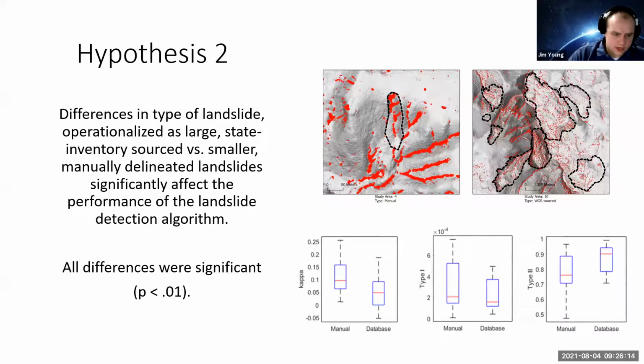In the top images, study area 4 is a manual landslide identification, and it's a little more complete, still not good, but a little more complete classification of the landslide. Whereas study area 10, from a WGS source, has multiple different landslides, but a lot of empty space or unflagged pixels within the interior bodies of the landslides.